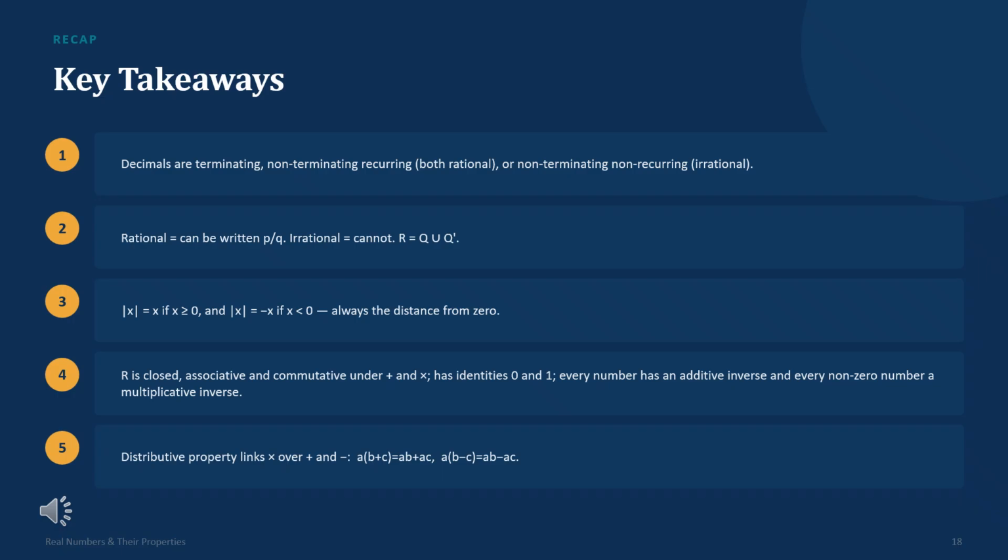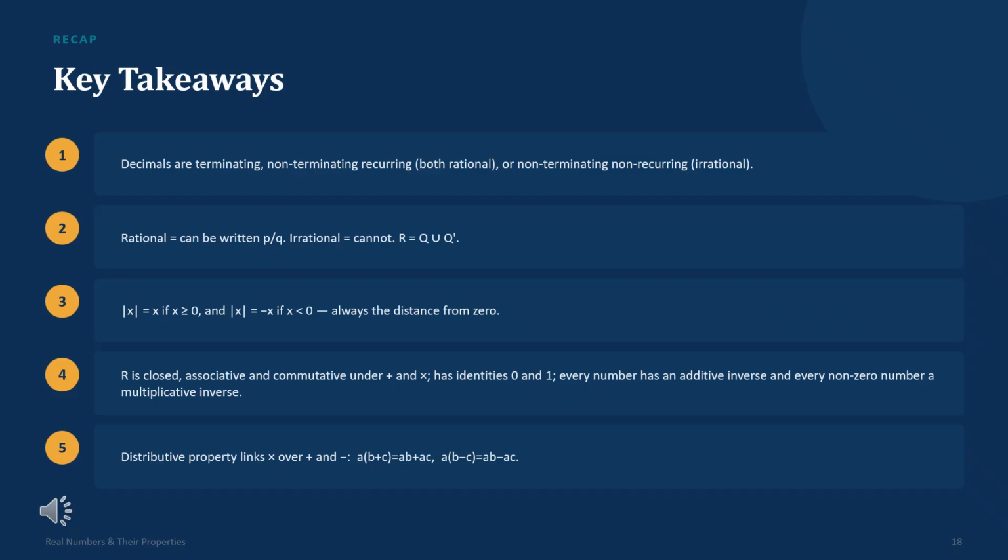To wrap things up, let's review the key takeaways from today's lesson. First, decimal expansions can be terminating or non-terminating recurring, both of which are rational, or non-terminating non-recurring, which are irrational. Second, rational numbers can be written as p over q, while irrationals cannot, and real numbers are the union of these two disjoint sets.